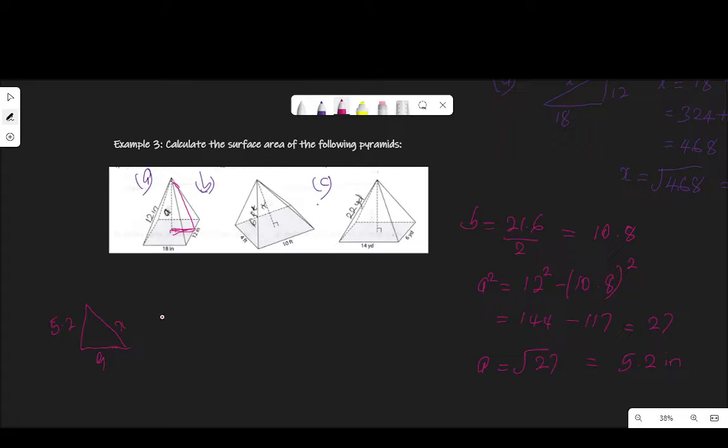Let's call it X. X squared is equal to 5.2 squared plus 9 squared. The square root of 27 gives us 5.2, so 5.2 squared will be 27. 27 plus 81, that is 9 squared, is 108.